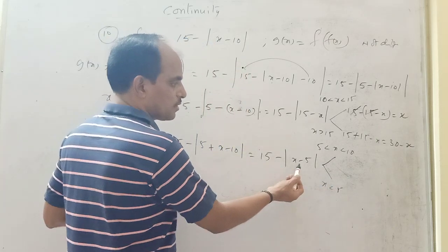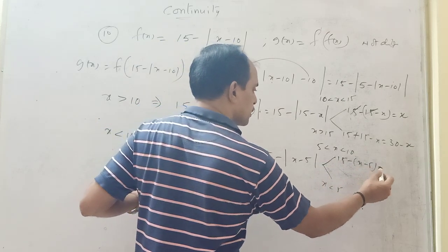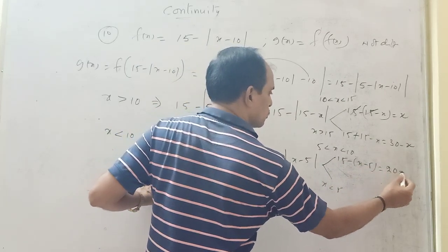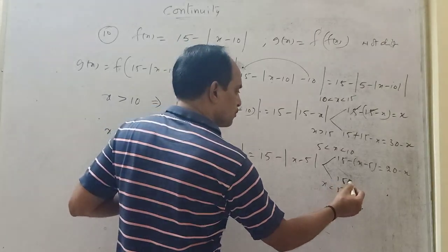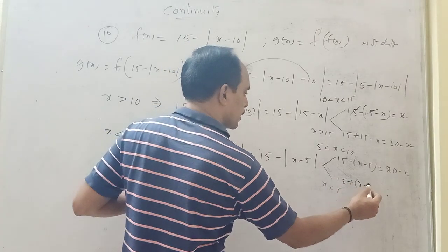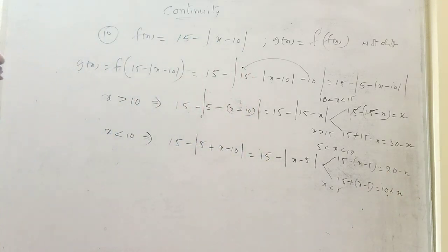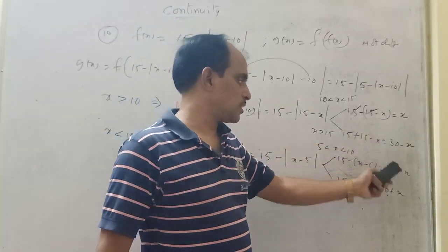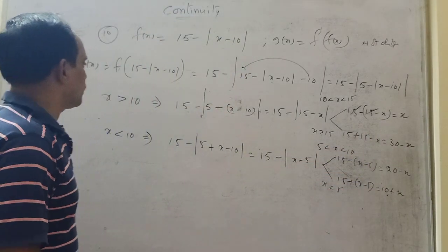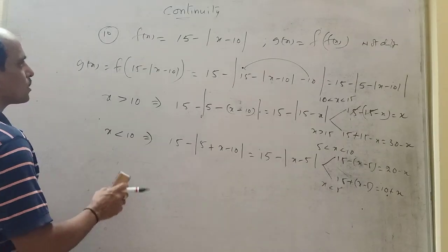For 5 to 10, it is 15 - (x - 5), that is 20 - x. When x is less than 5 it is negative, so 15 + (x - 5), that is 10 + x. So the entire problem comes down to 4 functions. Now I am going to write the 4 functions here.